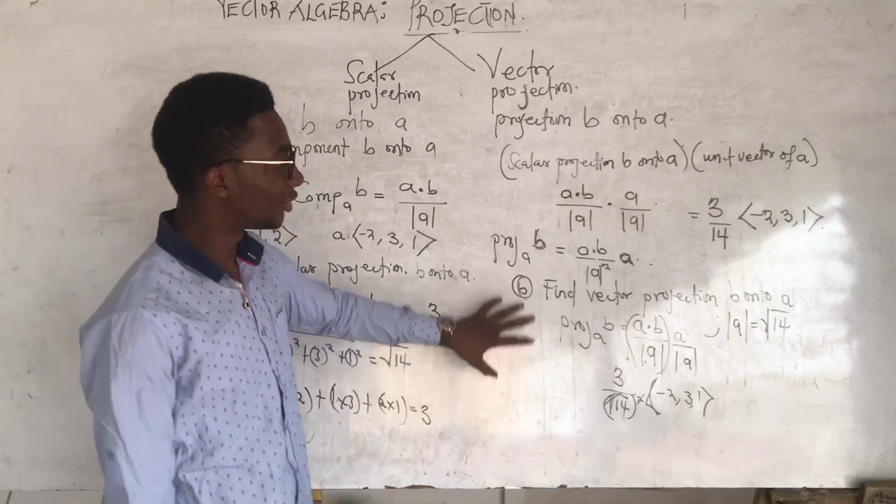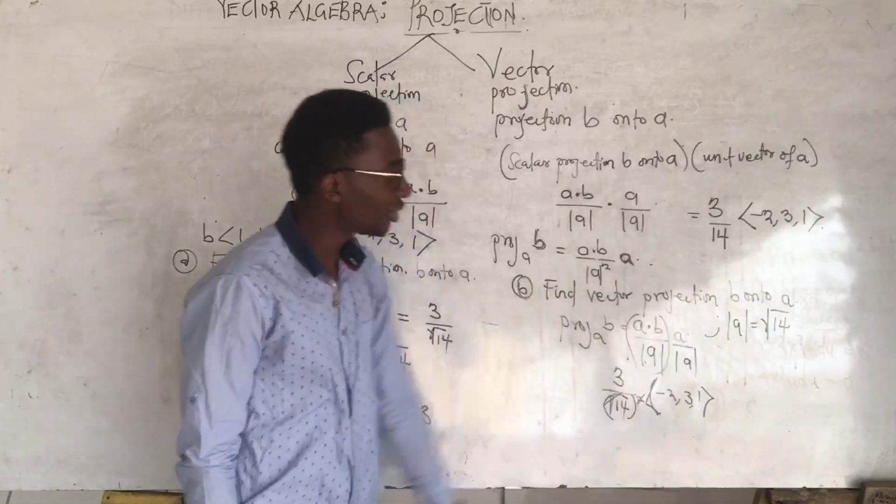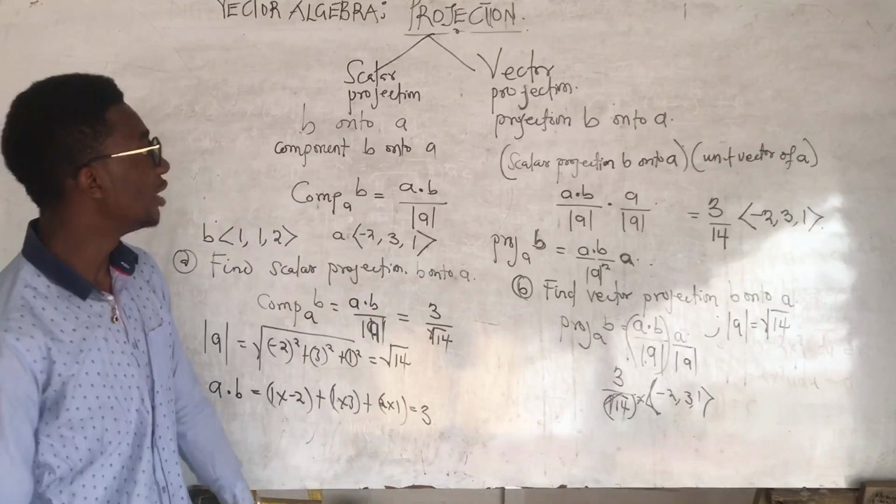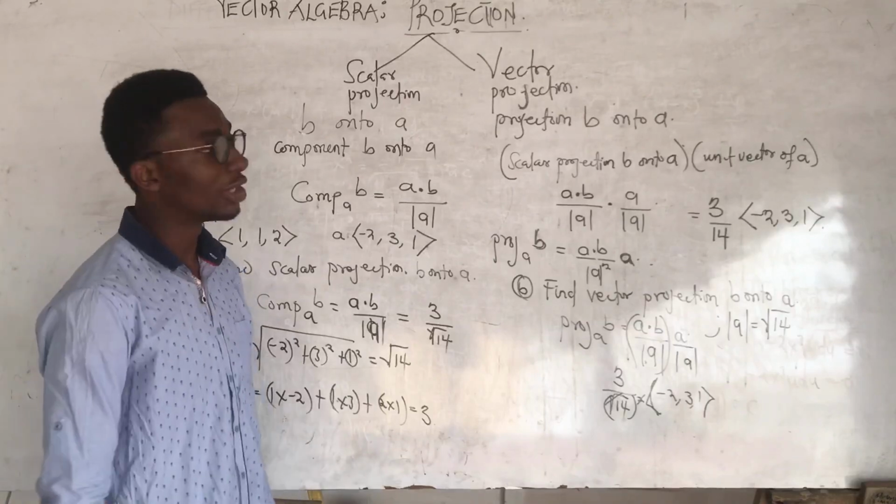So that is the vector projection of B onto A, and that is the scalar projection of B onto A. So let's move on to the next topic.